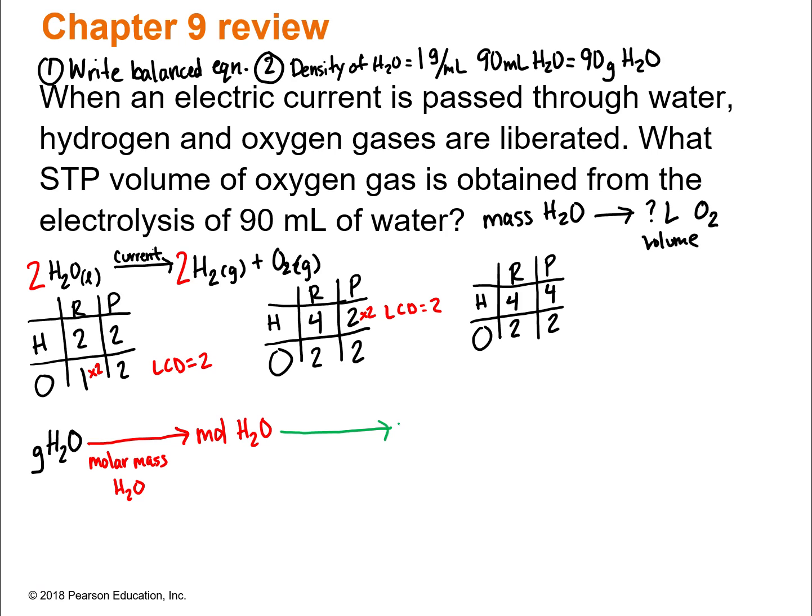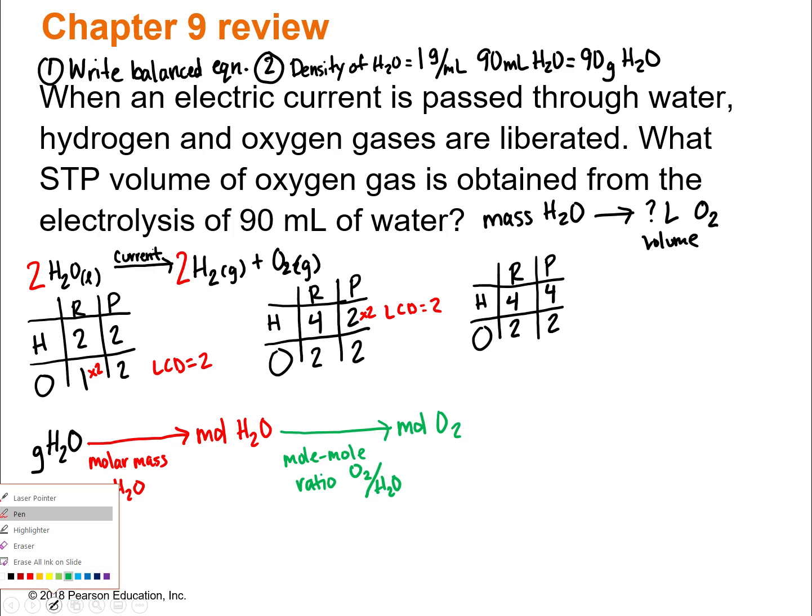From there, we have to get to moles of oxygen gas. You have to use a mole-mole ratio to get there. And it's going to be the oxygen gas over water. That's the form that it's going to have to be in.